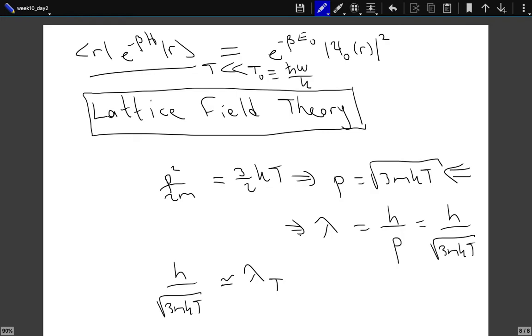You see, this is the typical distance over which quantum mechanical effects become important. So if you are colliding two particles and their minimum separation is smaller than this number, then you have to treat the system quantum mechanically. The classical approximation need not give you the correct answer.